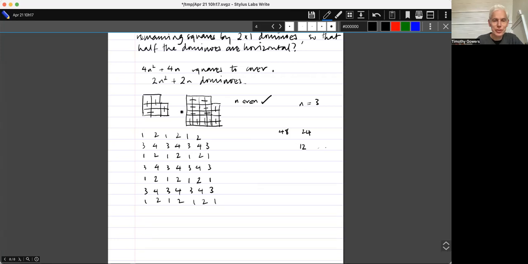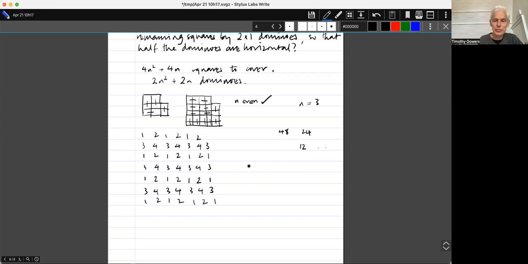Can I say something about the number of... What I can certainly say about a horizontal one is that it either covers a 4 and a 3, or it covers a 2 and a 1.